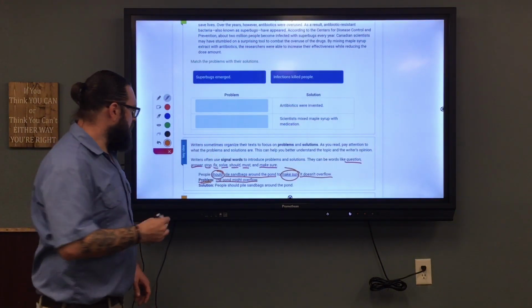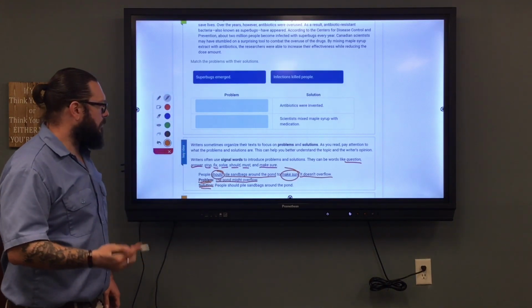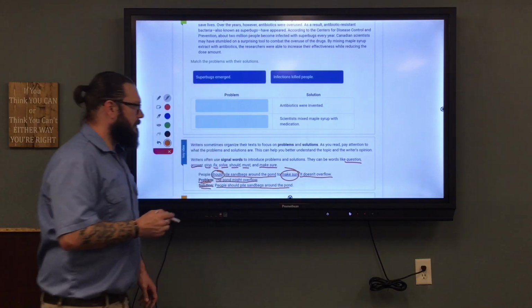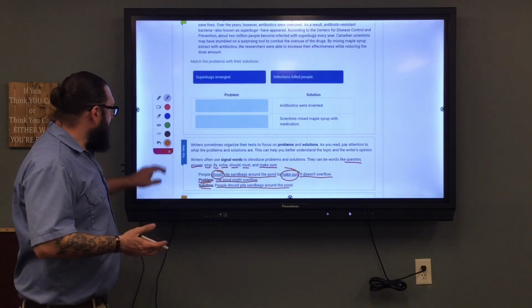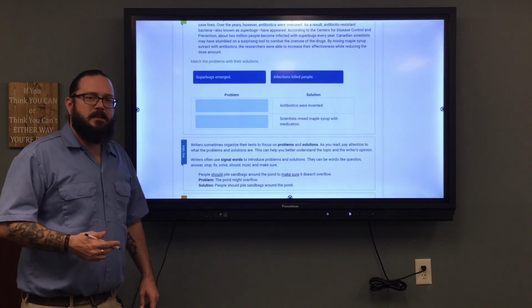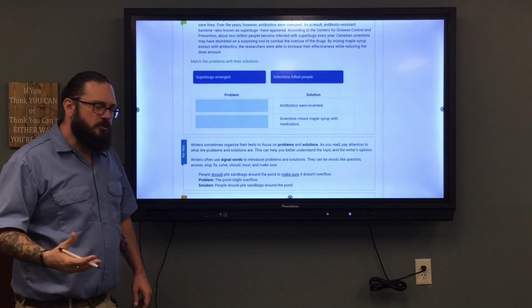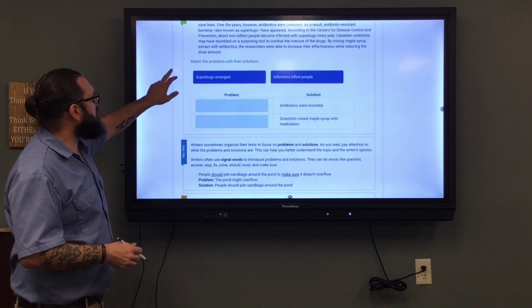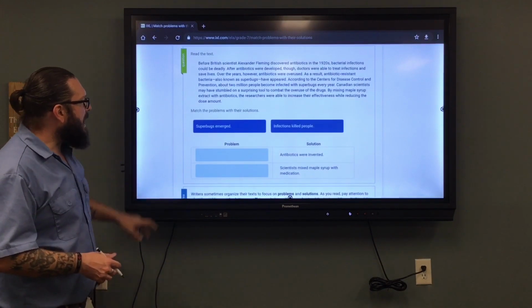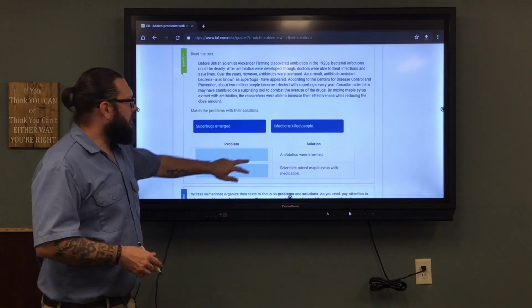So the solution being presented is that people should pile sandbags around the pond. Now that we have successfully identified what to look for in regards to the problem-solution relationship and how to make those connections, let's practice finding evidence in a passage to match a given problem with a solution.